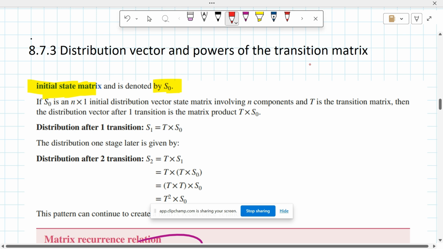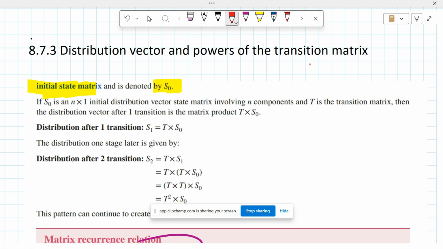Now we're going to talk about the vector power of transition matrices. The initial state matrix is S0, or V0, or N0, or A0. It's the initial distribution vector, which involves the transition matrix T. After one transition, S1 equals T times S0.